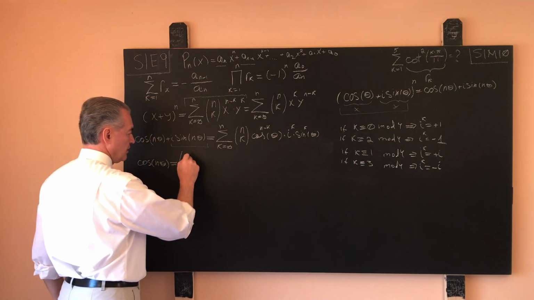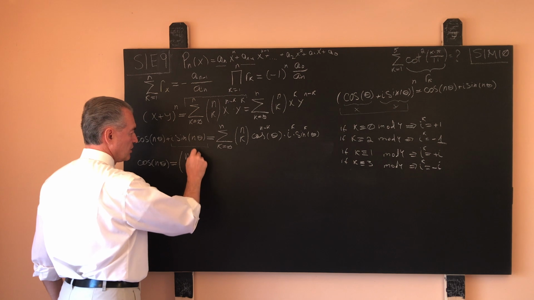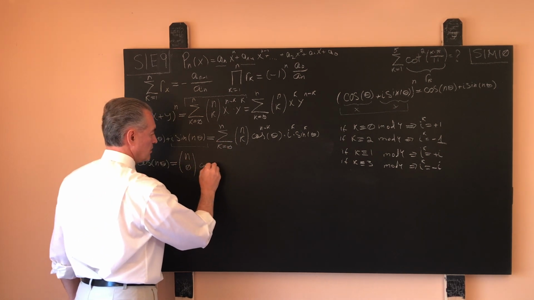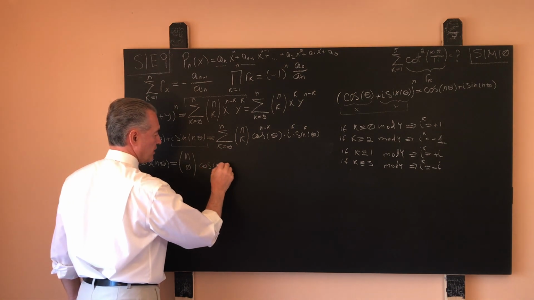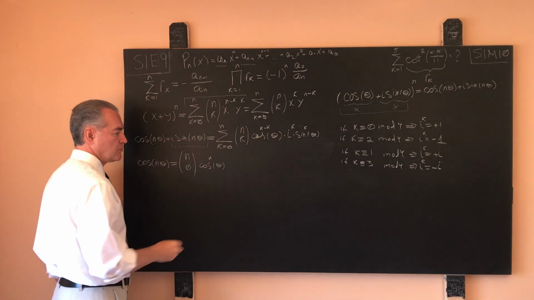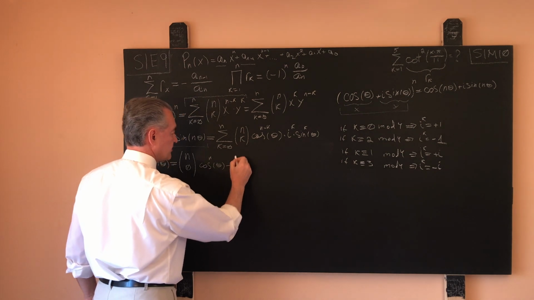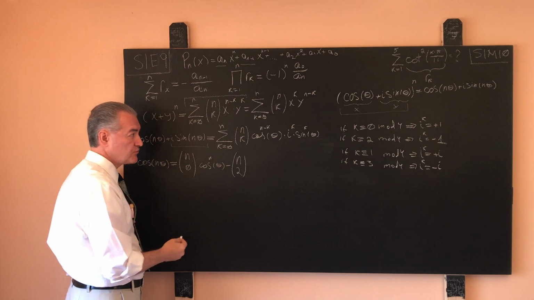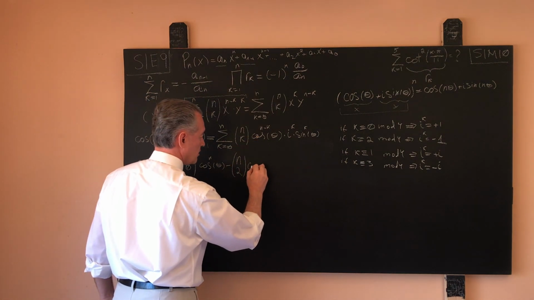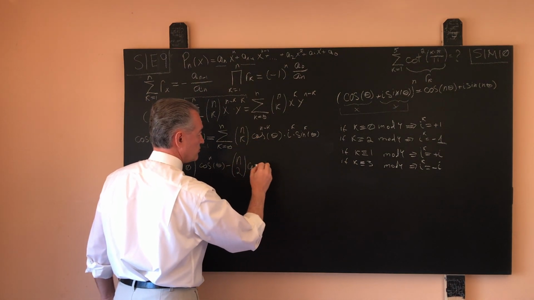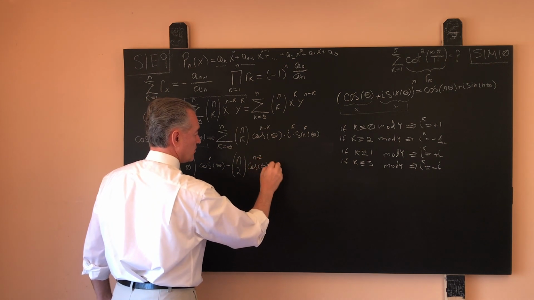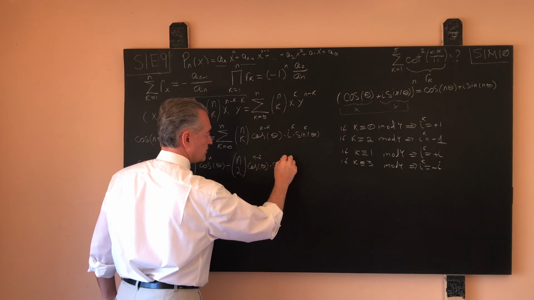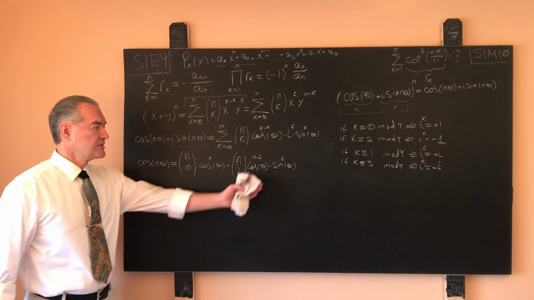That is, it will be n choose 0 for the binomial coefficient, then it will be cosine of theta raised to the nth power, then it will be minus n choose 2 for the binomial coefficient, then it will be cosine of theta raised to the power n minus 2 times the sine of theta raised to the second power.